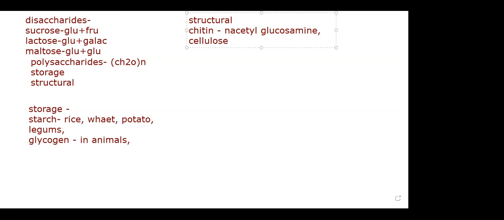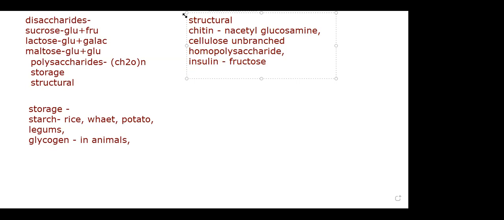Cellulose is made up of a hexosan polysaccharide. It is an unbranched homopolysaccharide. Fibers of cotton, linen, and jute are used for textiles and ropes. Inulin is a polymer of fructose.